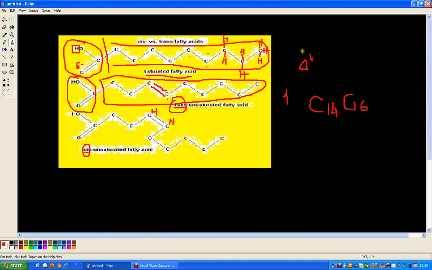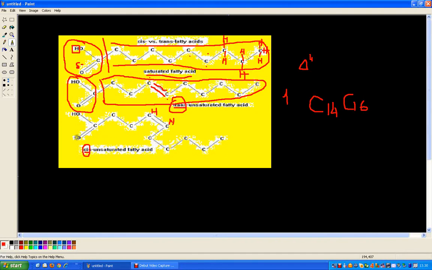So they're going to have the tendency to stay still, and to melt, it's going to need a higher temperature. Saturated fatty acids are particularly present in animals. That's why, for example, butter has a lot of these fatty acids over here, and that's why butter is mainly solid at normal temperatures. It melts at high temperatures, while olive oil has more of these unsaturated fatty acids.